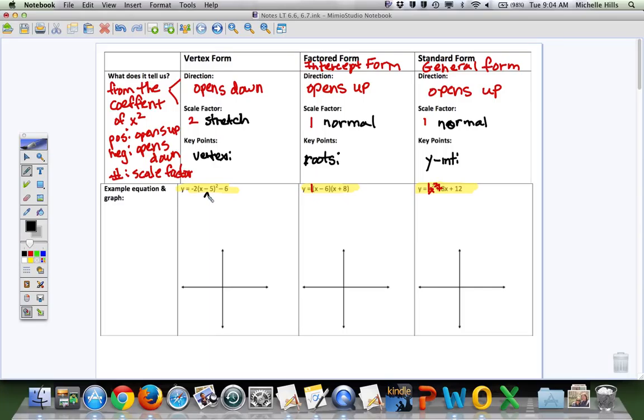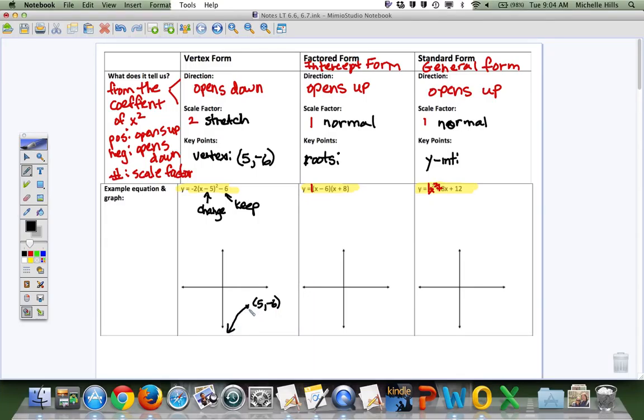So the vertex: remember from the yellow packet, you change the sign here, you keep the sign here. So the vertex is the point (+5, -6). If I were to graph this, I go over to (+5, -6), which is my vertex, and I know this opens down, and that's all I have to say.